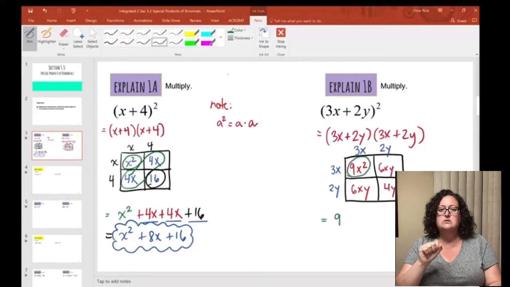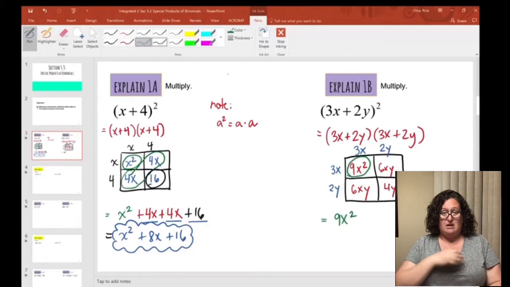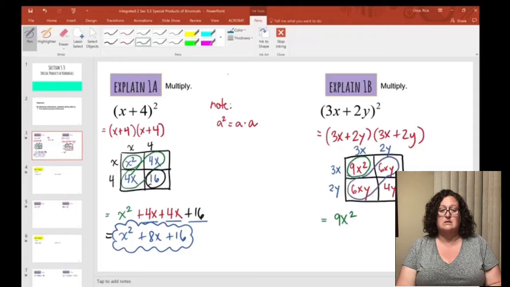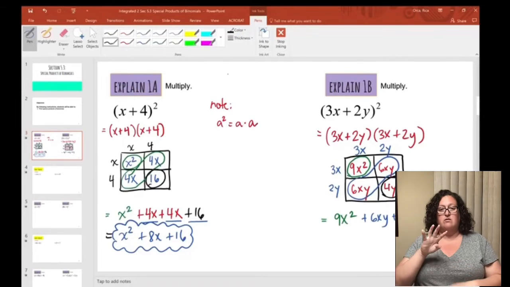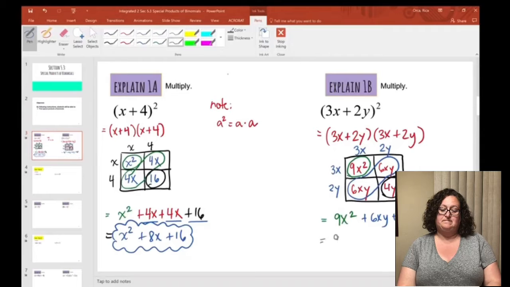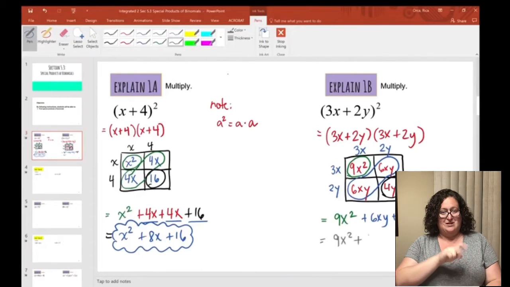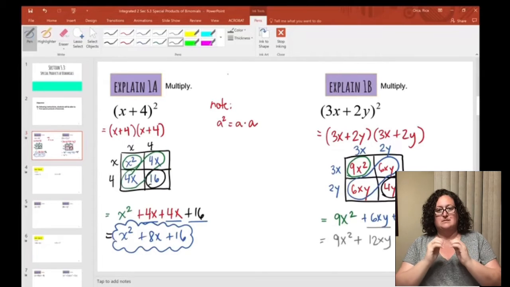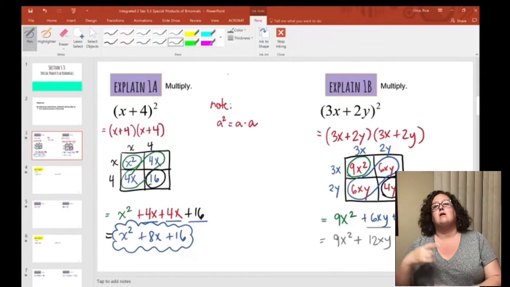We have 9x squared and 6xy plus 6xy plus 4y squared. So this is equal to 9x squared plus 6xy plus 6xy is 12xy plus 4y squared.